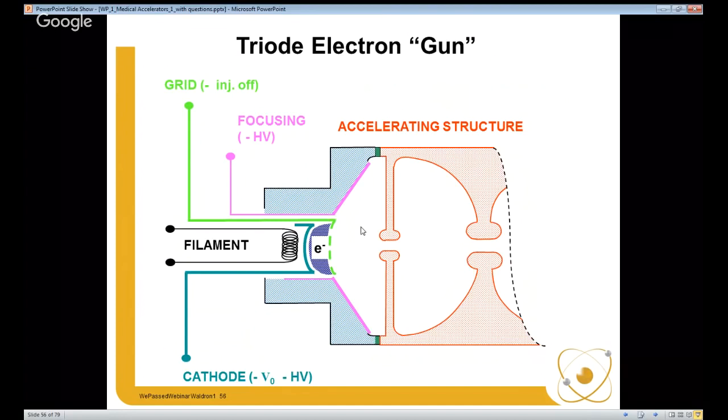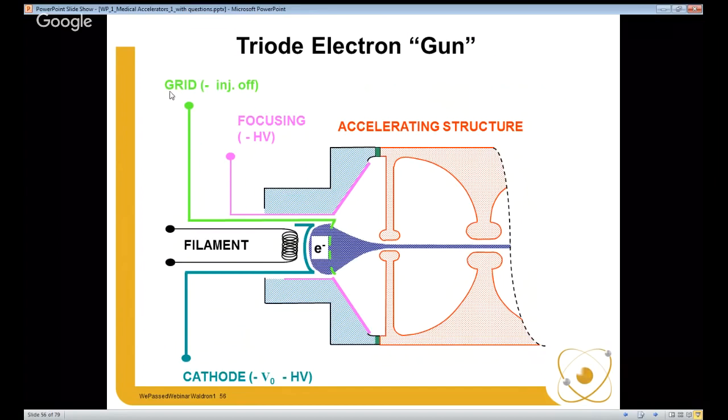If I take that grid voltage and make it positive with respect to the cathode, or make it 0 with respect to the cathode, electrons can flow through the grid into the accelerator. And this can be done with a change of a couple of 100 volts, and I don't have to wait for the temperature to change.